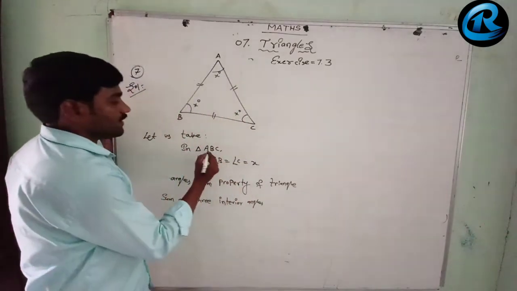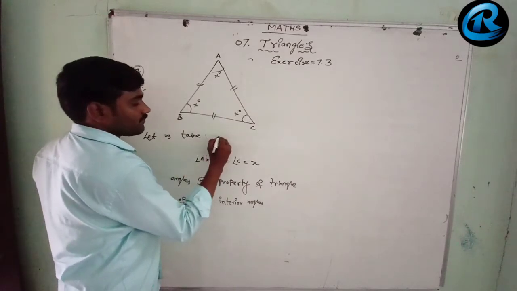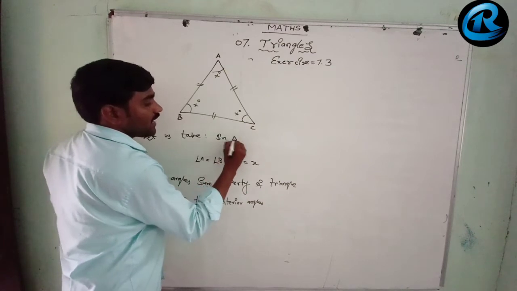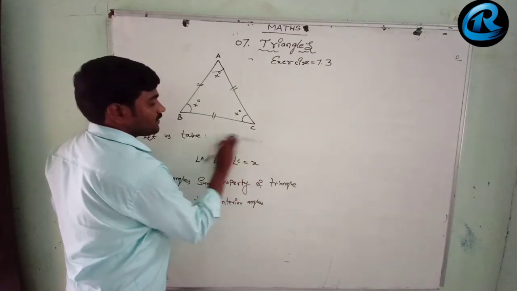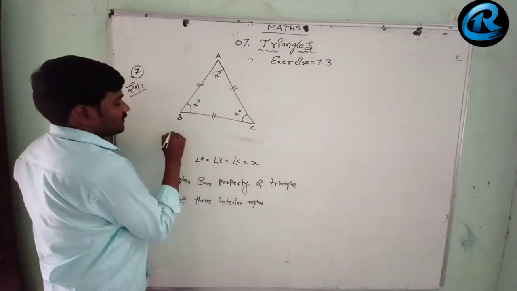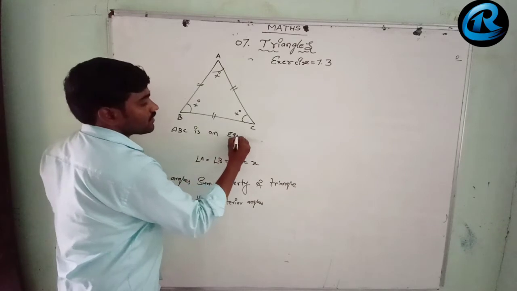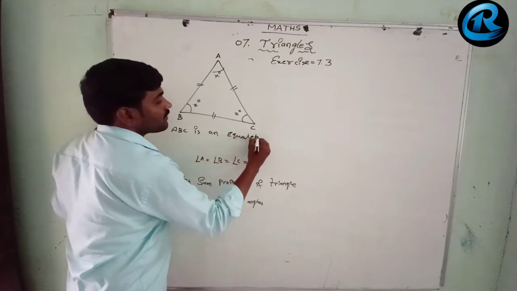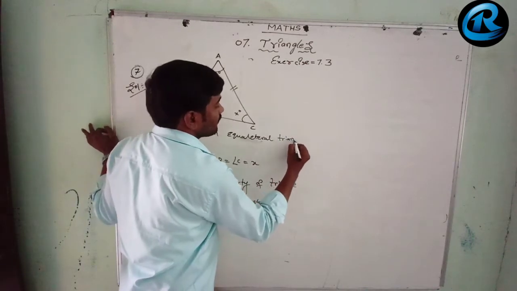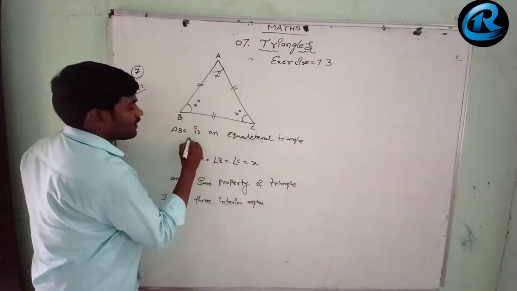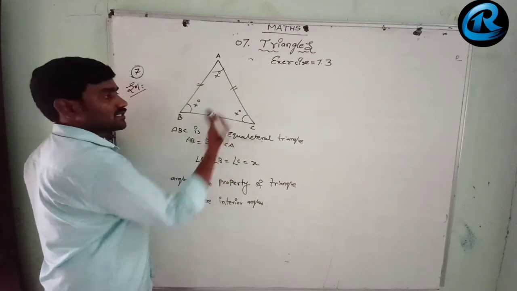Take that in triangle ABC, ABC is an equilateral triangle. So here AB equals BC equals CA, and the sides are equal.